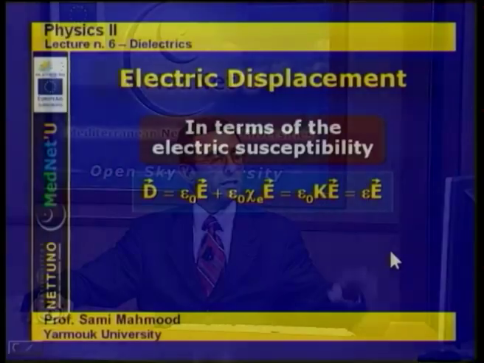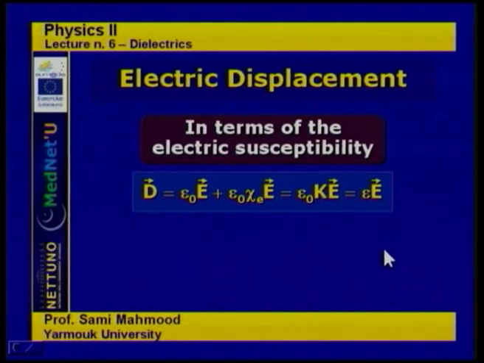In terms of the electric susceptibility, D is simply equal to epsilon naught times the macroscopic field plus the polarization. We substitute for it as epsilon naught chi sub E times the macroscopic field E, which is equal to epsilon naught times K, the dielectric constant, times the macroscopic field E, and this is by definition epsilon, the permittivity of the material, times the macroscopic field.